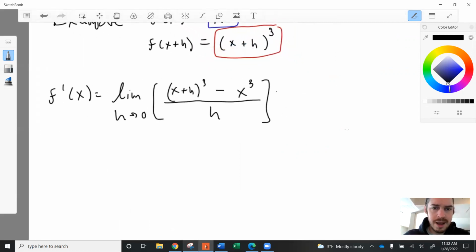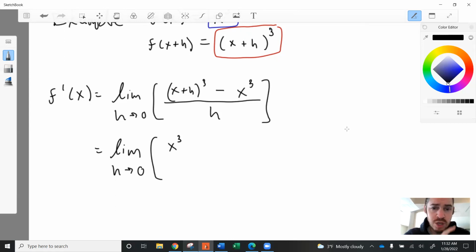So what I'm going to do is first just expand the cube in the numerator. I'm going to use a shortcut for this that comes from the Binomial Theorem. You can do it the long way if you want and confirm for yourself that this is what you'll get.